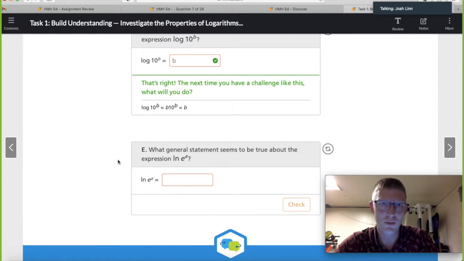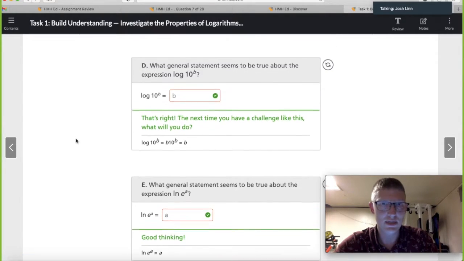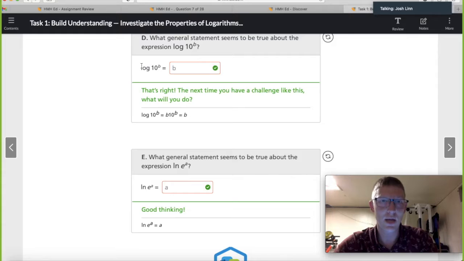Okay, there's a little bit more information there. What general statement seems to be true about the expression natural log of e to the a? So the natural log and e are going to cancel each other out. This is something that we've done before. Again, log base 10 and 10 are going to cancel each other out, and that's how we're going to get things out of the exponent.